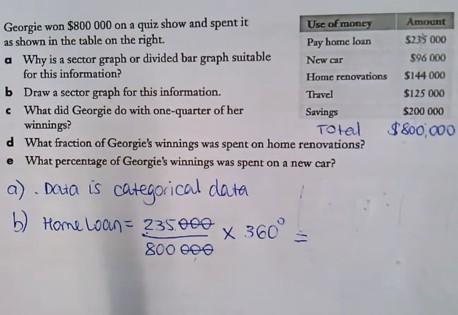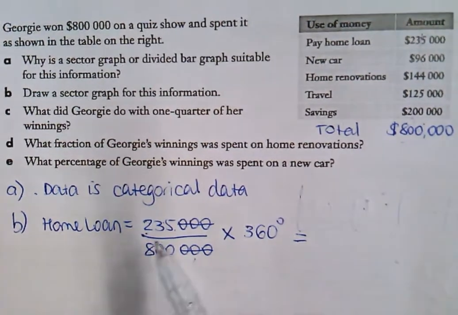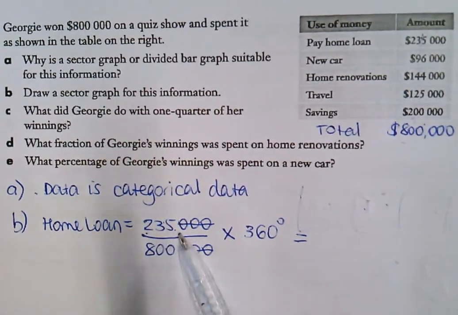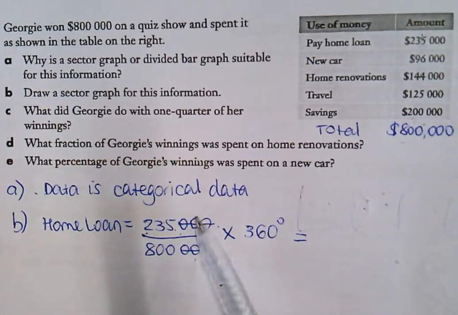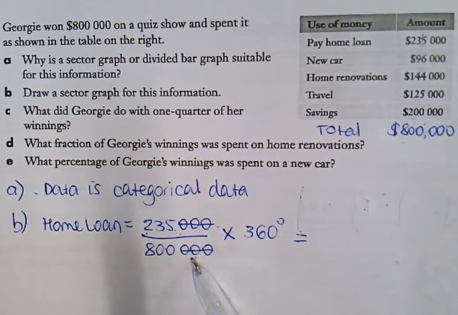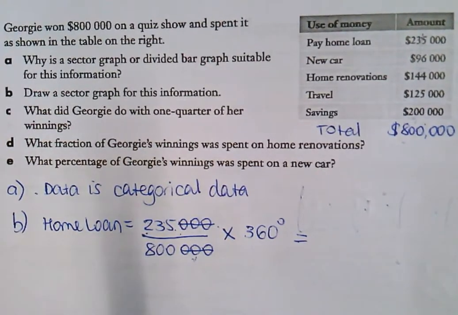I've got 235,000. I've got to get more than a quarter. Now, a quarter is 25%. I'm expecting maybe 27, 28, 29%, 30% maybe at the most. So we go 235. You can put the 0, 0, 0, but they are going to cancel with the zeros on the denominator. So just 235 over 800 times 360.